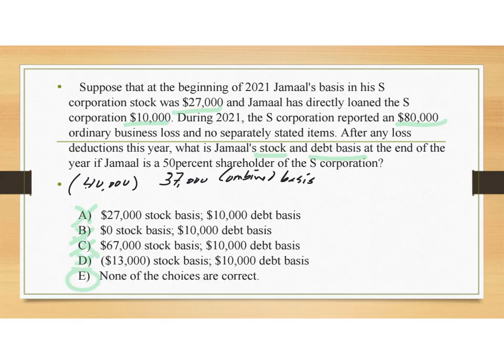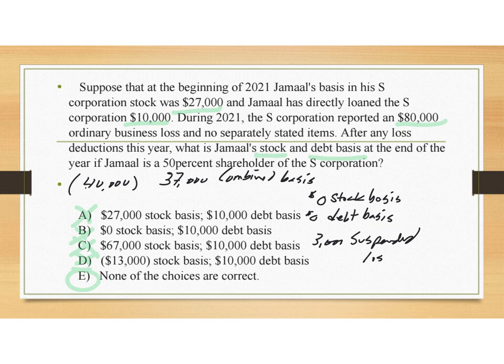Okay, so none of these are correct. And so what he has is a 0 stock basis and a 0 debt basis and a $3,000 suspended loss. Okay.